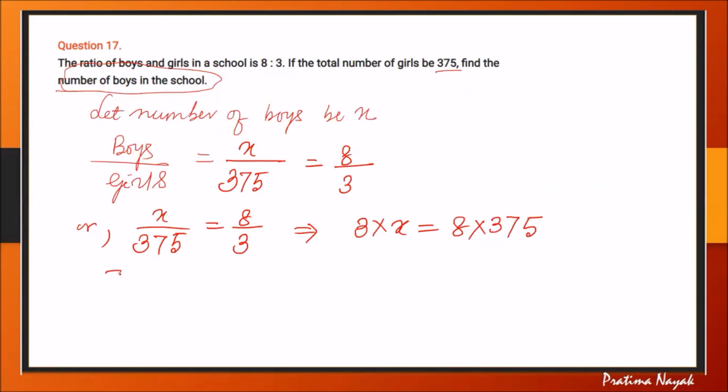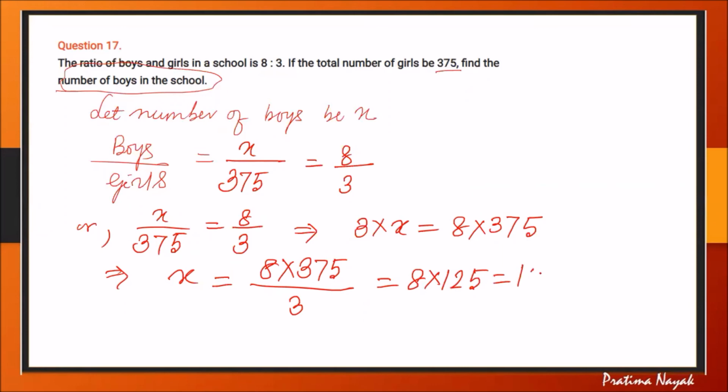Then what will be x? x will be 8 into 375 upon 3. Cancel 3 with 375, we get 125. 125 multiplies 8, it will be 1000. So the number of boys is 1000.